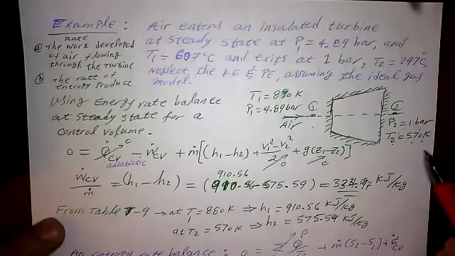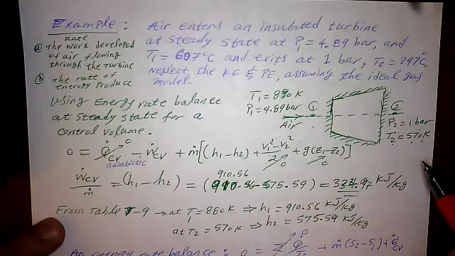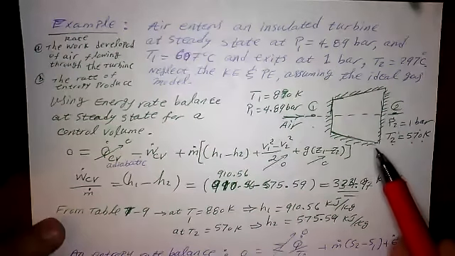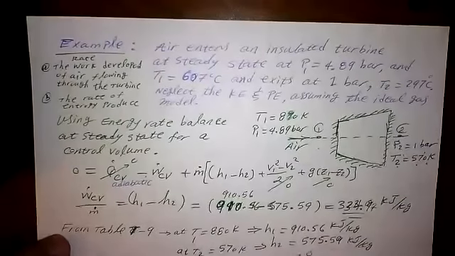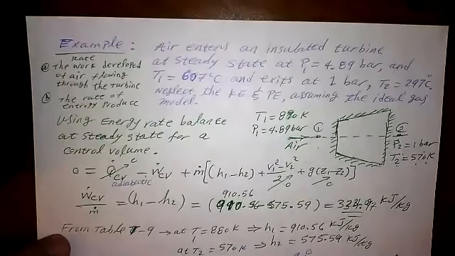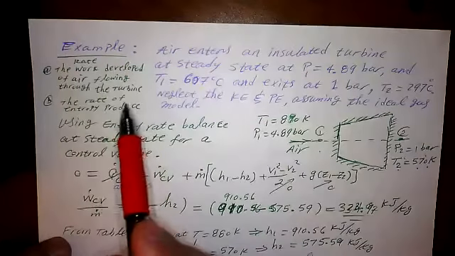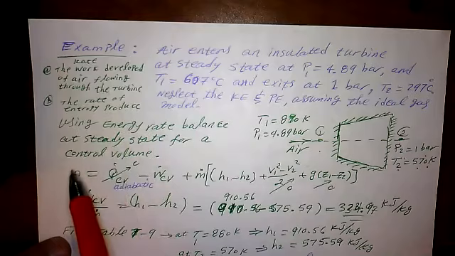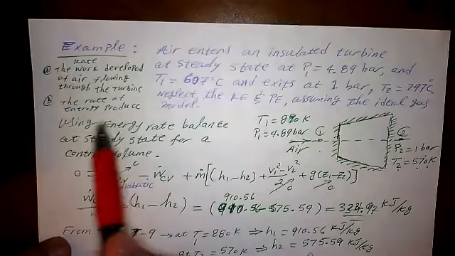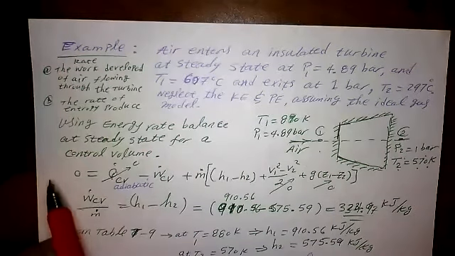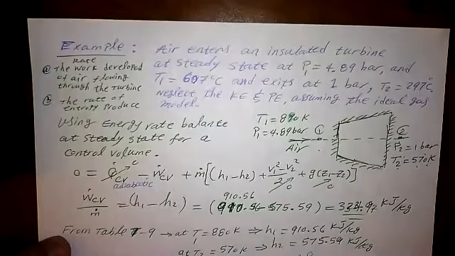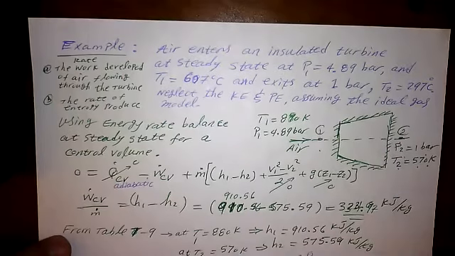So we have the inlet and outlet conditions for this turbine. We want to determine the work developed by the air flowing through the turbine, and the rate of entropy produced, which is sigma dot over m dot.